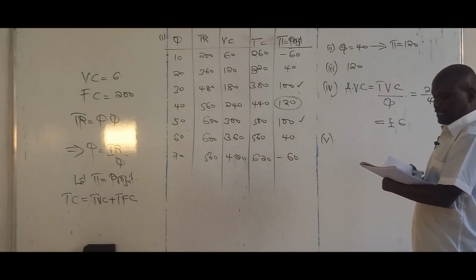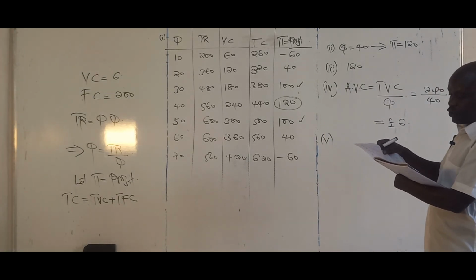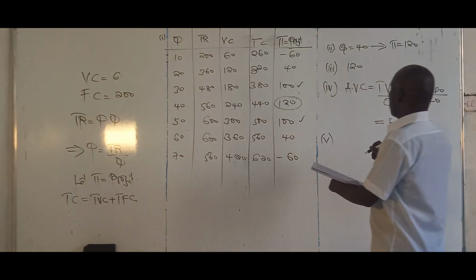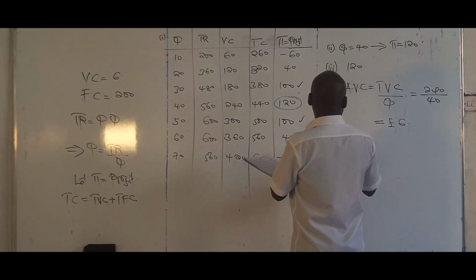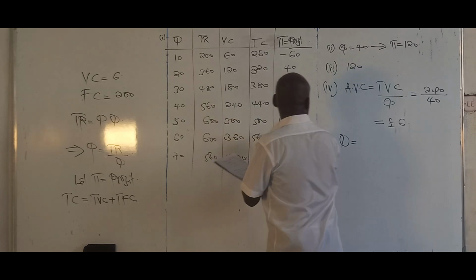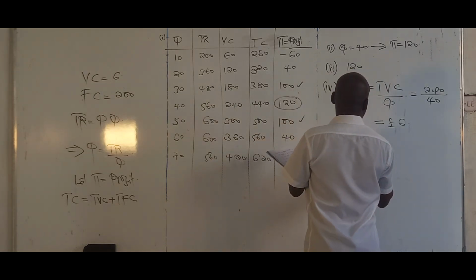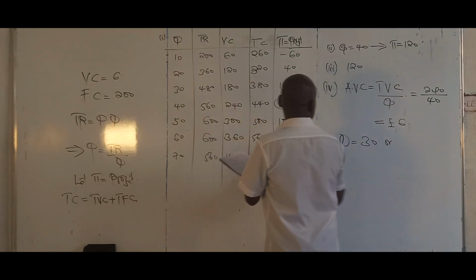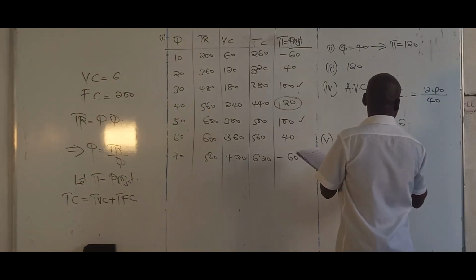The question is asking for the output or outputs at which profits are 100, so we have two values of Q. Q can be 30 or Q can be 50.